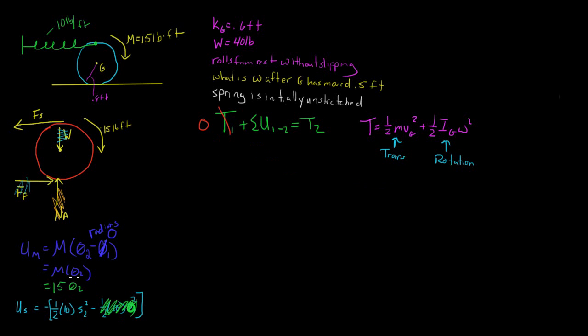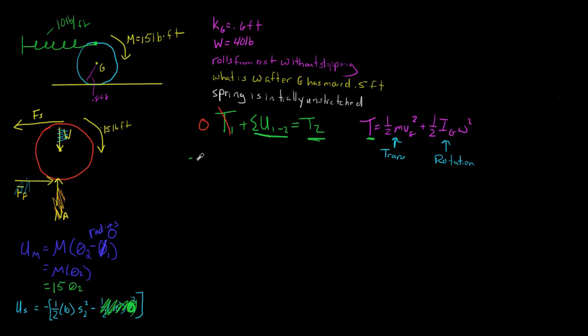So if we put these two works in for this part of the equation, and we put this kinetic energy in for our final kinetic energy, we'll see where that gets us.